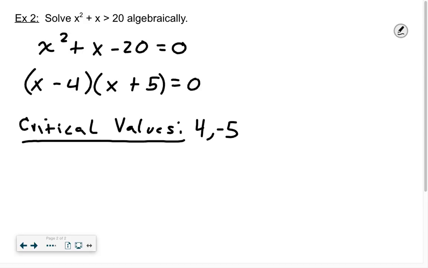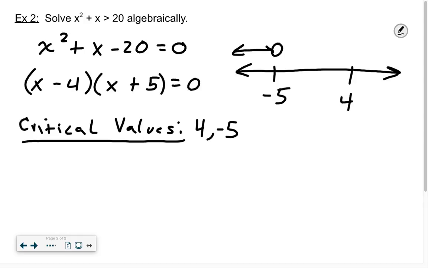So therefore, let's go ahead and create a number line. Don't have to get fancy with it. Well, let's indicate -5 and let's also indicate 4. Because again, we want to establish the intervals that we're looking at here. First interval is going to be all of these x's that would happen to be less than -5.